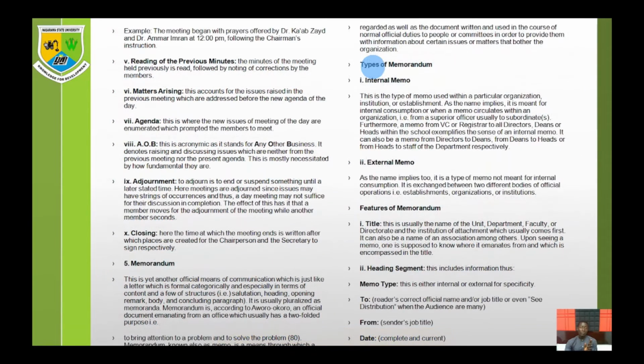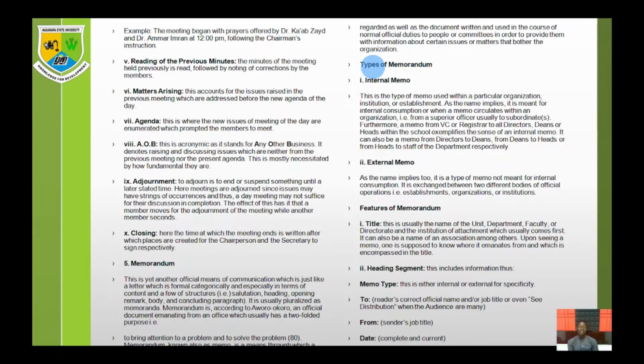The memo again has the subject or the title. For you to write a memo, after the heading segment, you must have the subject matter or the title. Okay, and this subject matter or title has to do with the main idea, that is, what prompts you to even write the memo. For instance, it is just to disseminate information about a meeting. So after the heading segment which we mentioned, the title now is maybe, submission of examination questions.